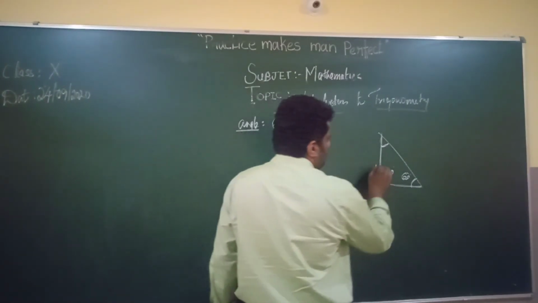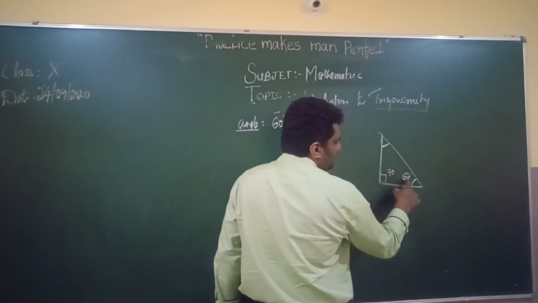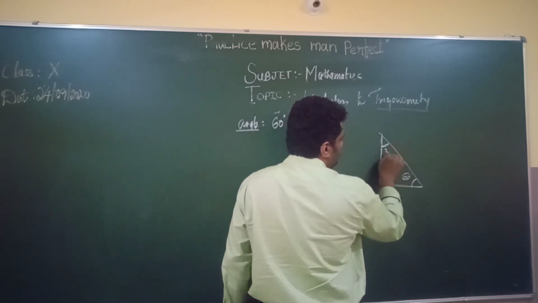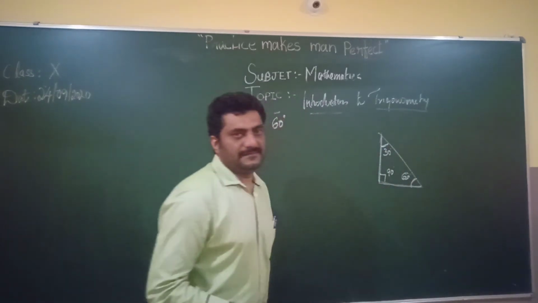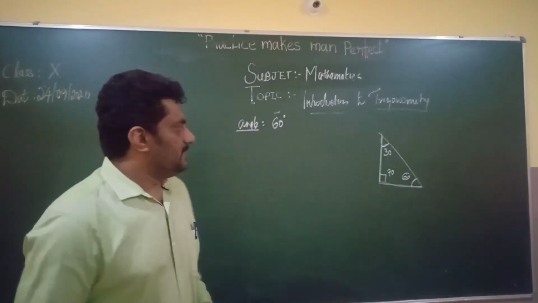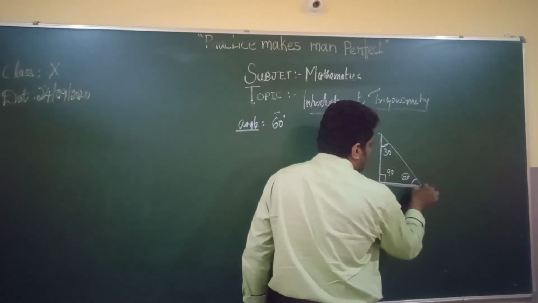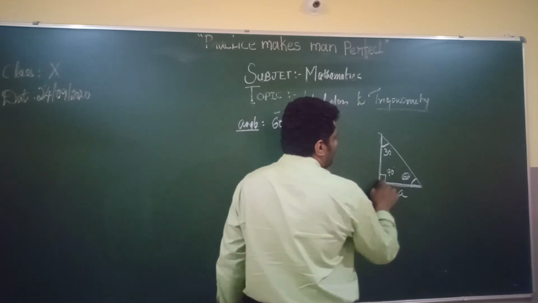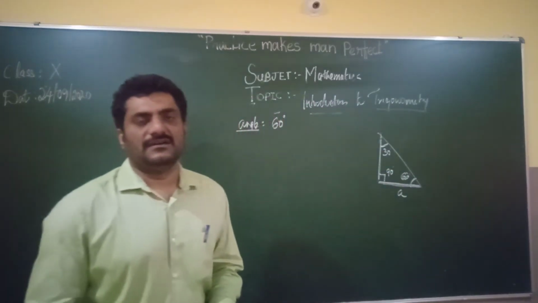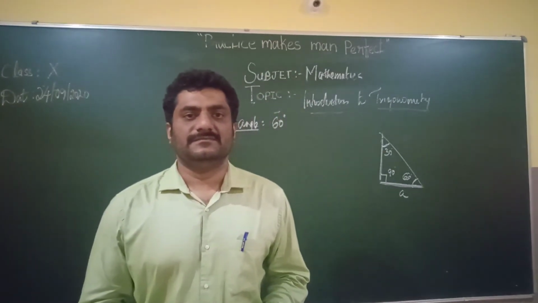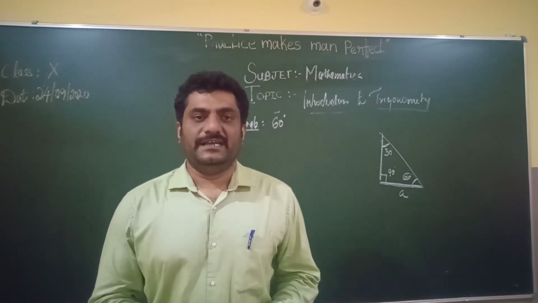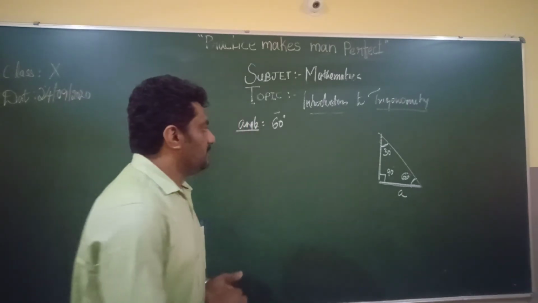Now here, if one angle is 60, this has to be 30 degrees, correct? Now how do we get these values? If I say this is A, I cannot say this is also A. So how do we get the values of all these?